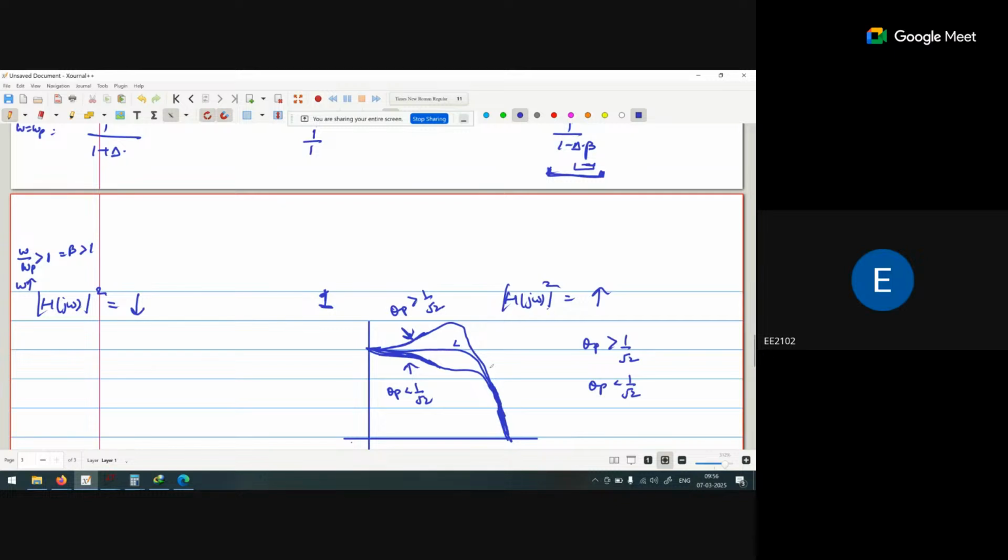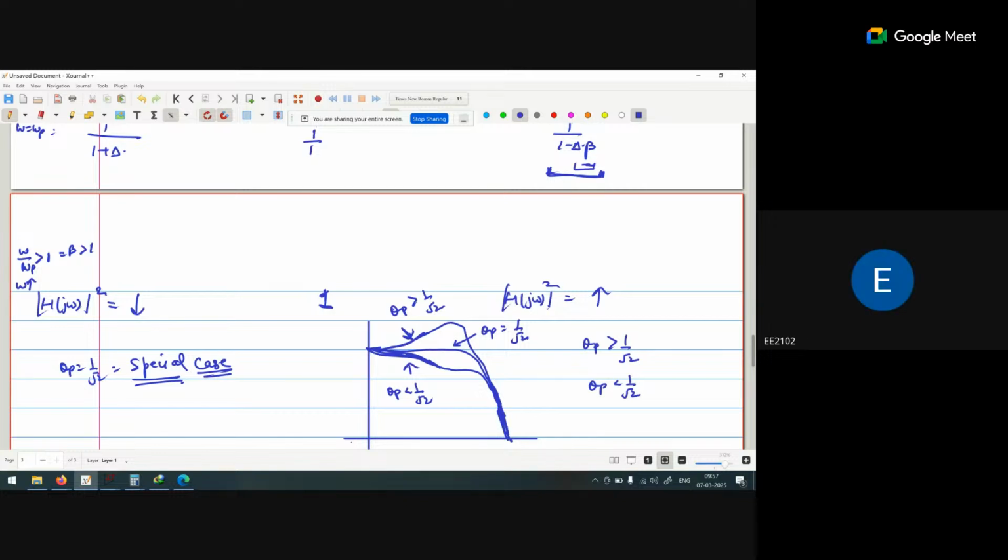And that constant case is when Qp is equal to 1 upon root 2, which is called the special case. Any doubt? Okay, sir, clear. Yes, sir.